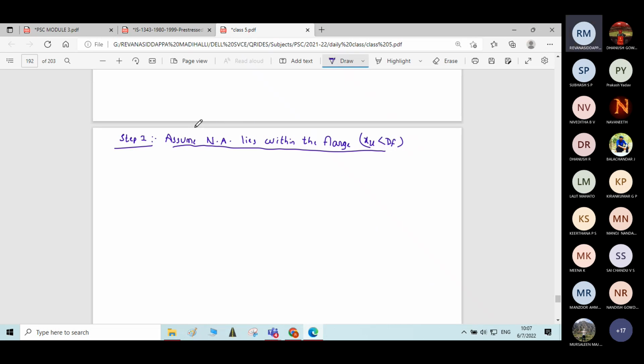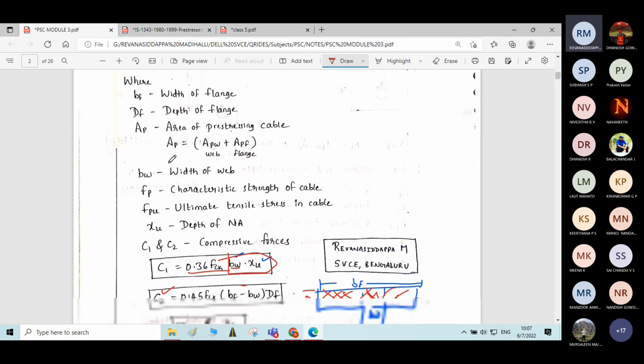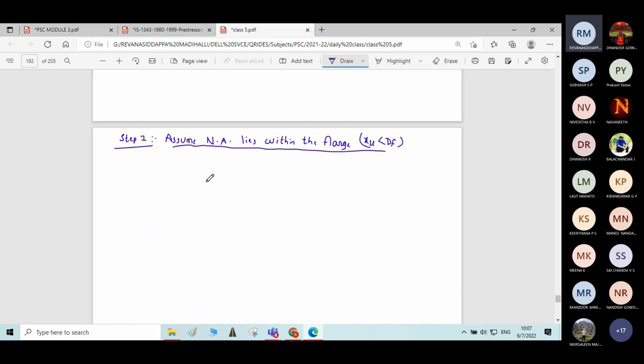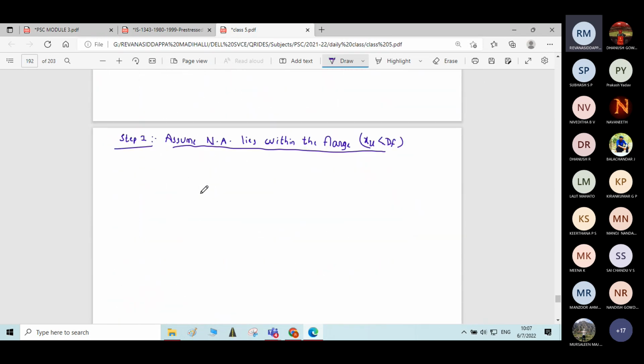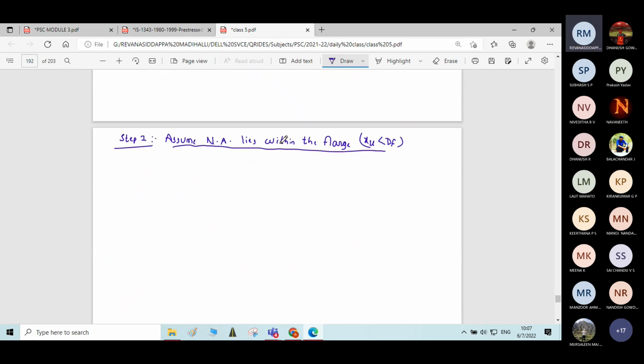For that purpose, I have assumed that neutral axis lies within the flange. If the neutral axis lies within the flange, whatever procedure we followed for rectangular section in the previous problem, same procedure we have to follow. And it is a pre-tensioned beam.